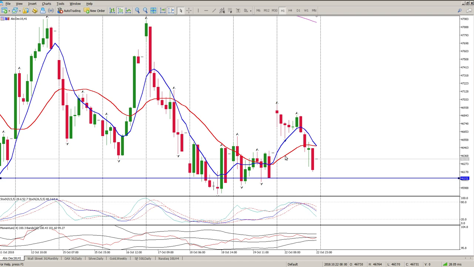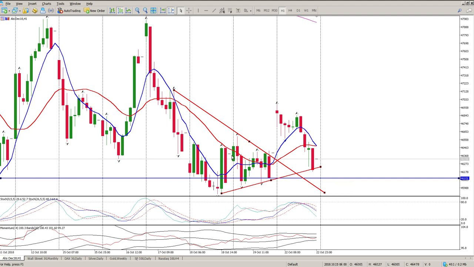Another thing just to point out here is this. We've had a bit of a consolidation. We gapped up. We're coming back to test. So I would expect some sort of a bounce at 46,100.